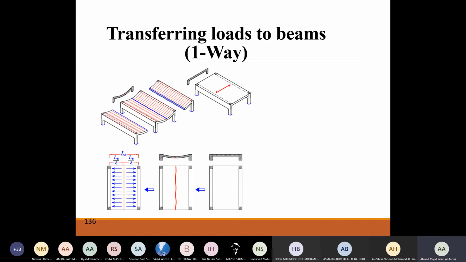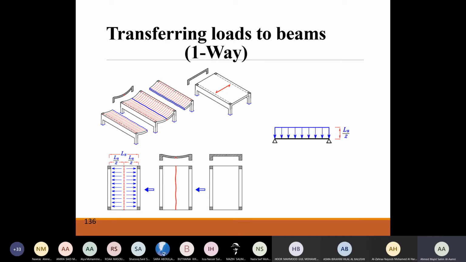You need to know the case, which case is it, and then accordingly you can solve it, whether it's one side, 2 sides, 3 sides, 4 sides. Everything is going to be different in terms of the coefficient. Now when we see the transferring of loads to the beams, of course the load of the slab will go and transfer to the beams.